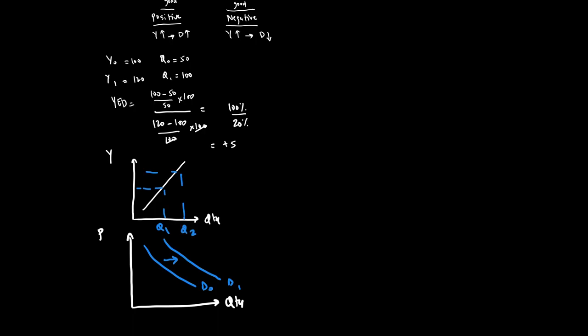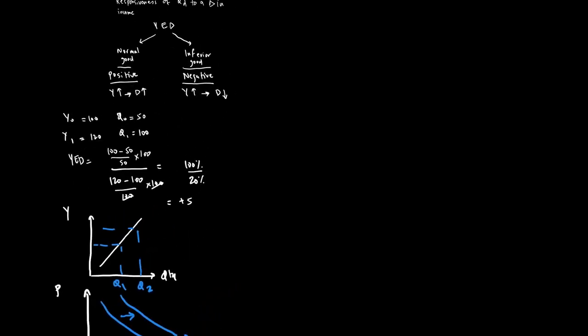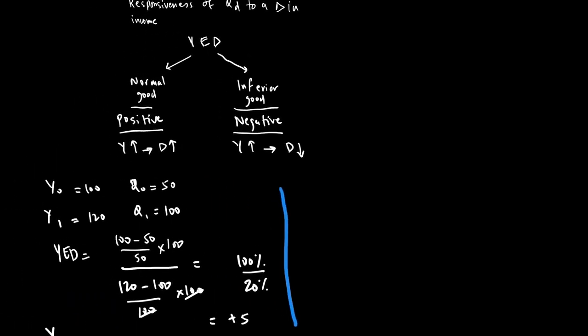Right? But let's look at inferior goods. In the case of inferior goods, we're saying YED is negative. So let's do an example of an inferior good to see. Let's say my income Y0 is 100, and let's say my Y1 is 120, and at the same time Q0 was, let's say, previously 20, but with a rise in income, I'm cutting down quantity to, let's say, 10.